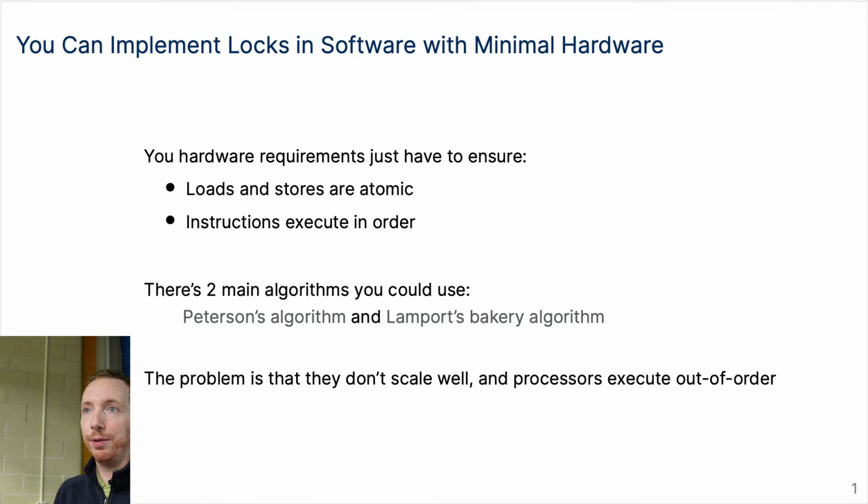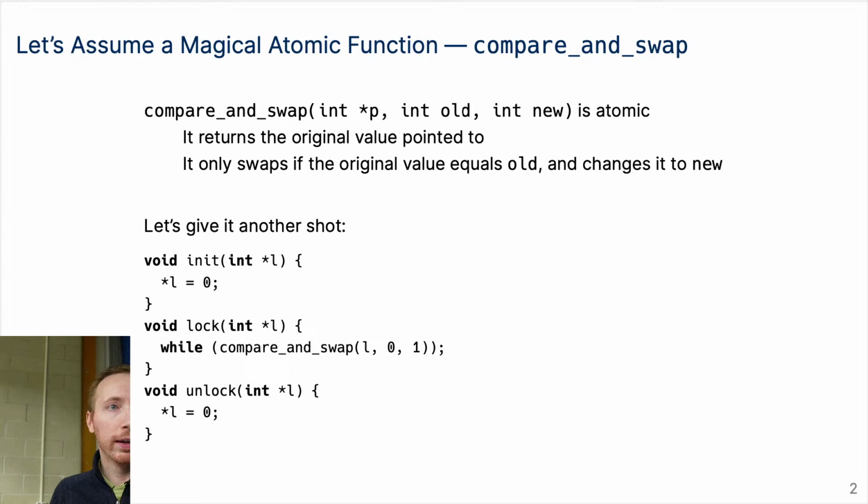They don't scale well, and you need special hardware support because processors do execute out of order. Yeah? How does it work if they execute out of order? What does that even mean? Within your processor, you have instructions, and they get split into micro instructions, and the hardware, to make optimizations, will reorder them if it can and do weird stuff like that.